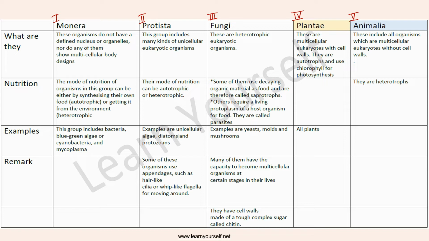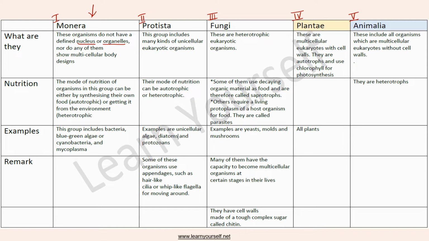Now let us first understand Monera. Basically, these organisms do not have a defined nucleus or cell organelles, and they do not show a multicellular body design. So they are very primitive.